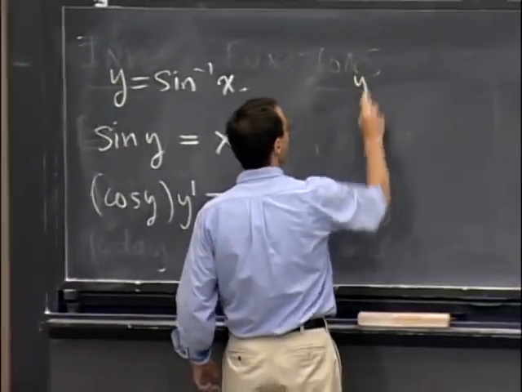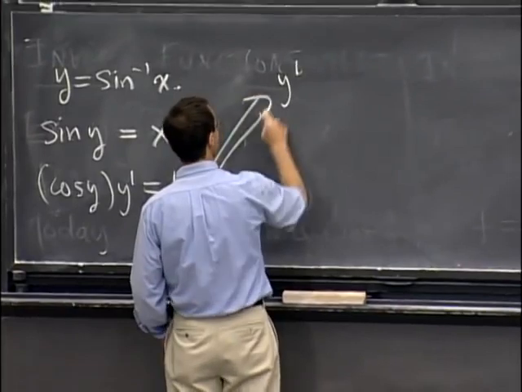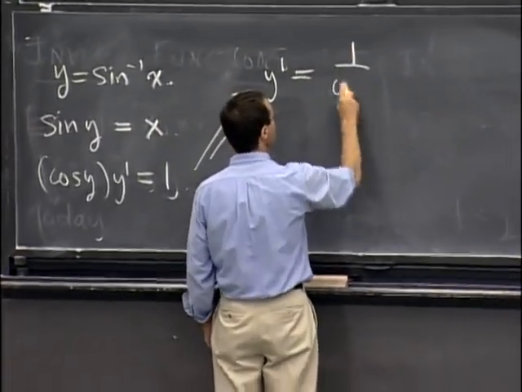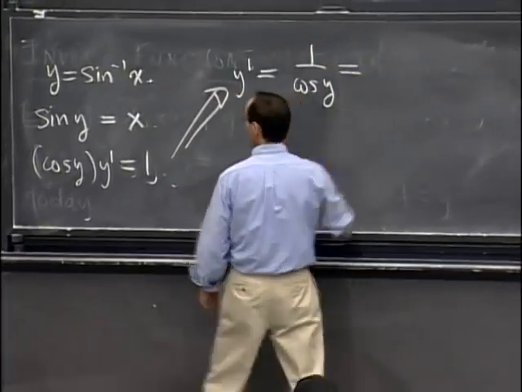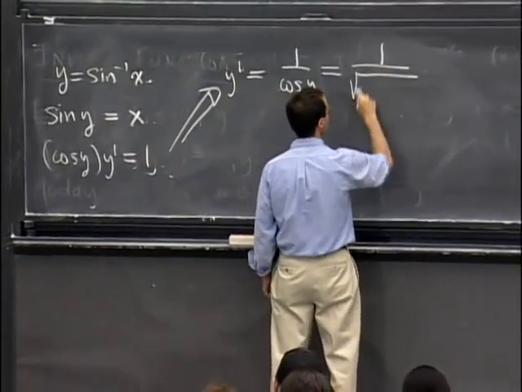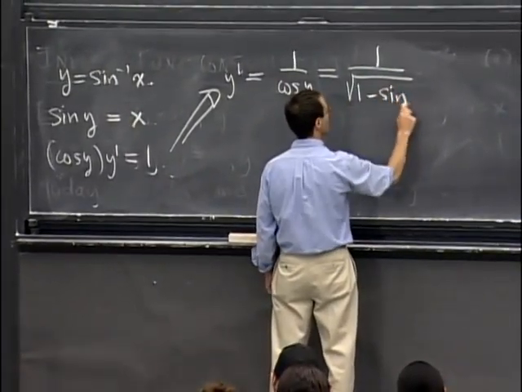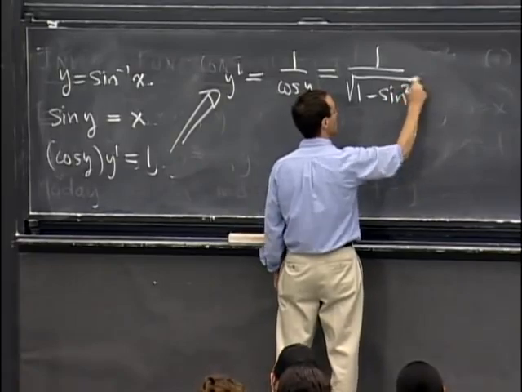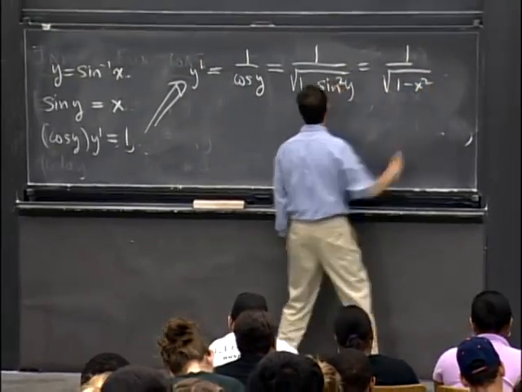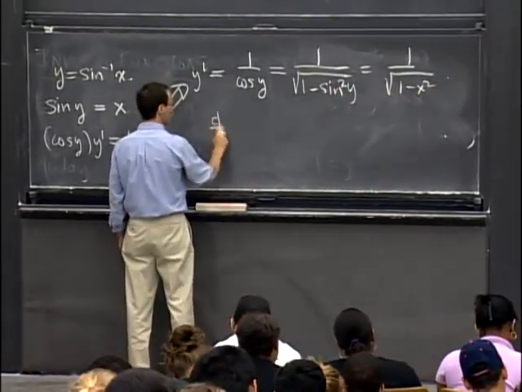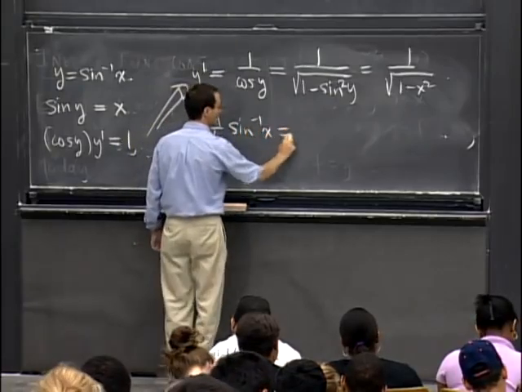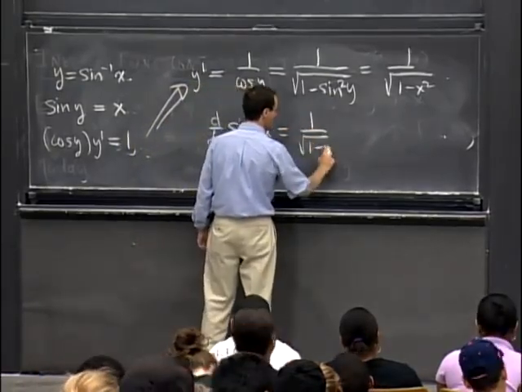That implies that y prime is equal to 1 over cosine y. And now to rewrite that in terms of x, I have to just recognize that this is the same as this, which is the same as 1 over the square root of 1 minus x squared. So all told, the derivative with respect to x of the arc sine function is 1 over the square root of 1 minus x squared.